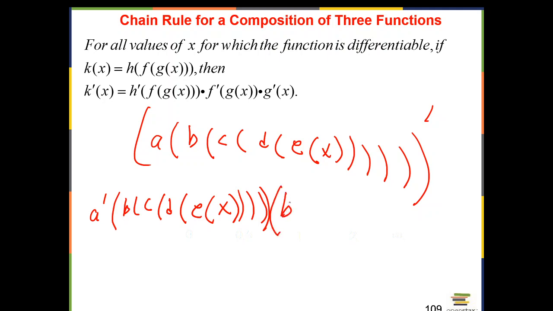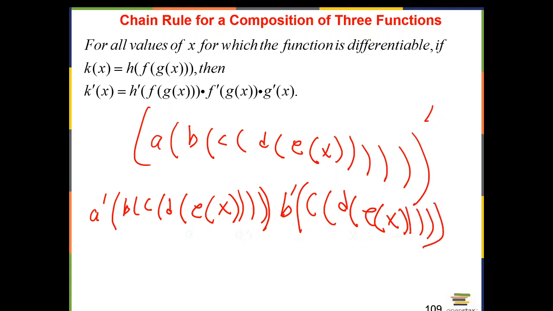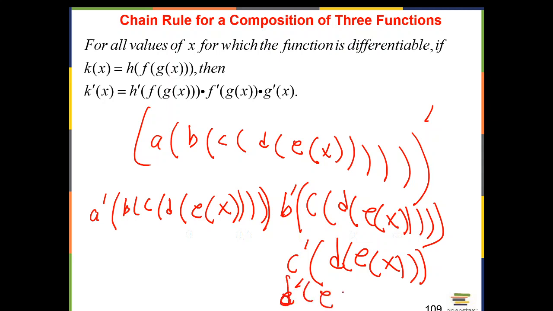Times b prime, of c of d of e of x, right, and then multiply by what again? c prime of d of e of x, and then times what? Times d prime of e of x times e prime of x, right?